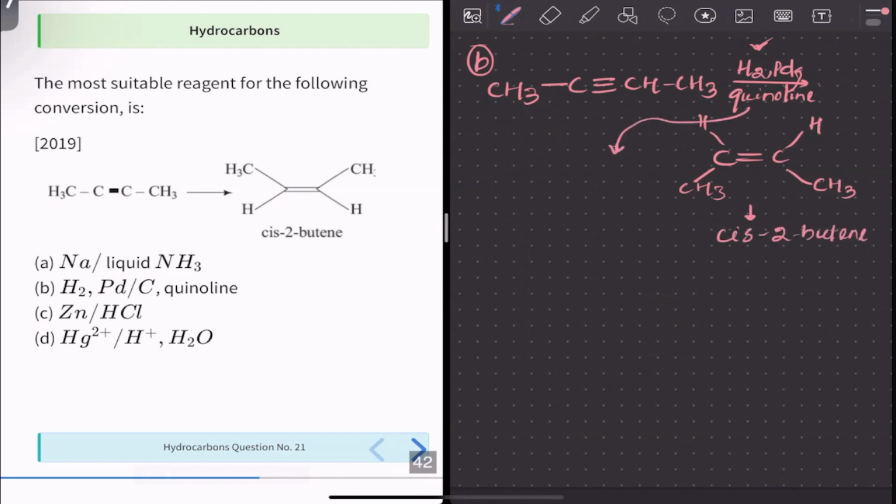Quinoline is a catalytic poison that reduces the power of palladium. So option B will be correct.